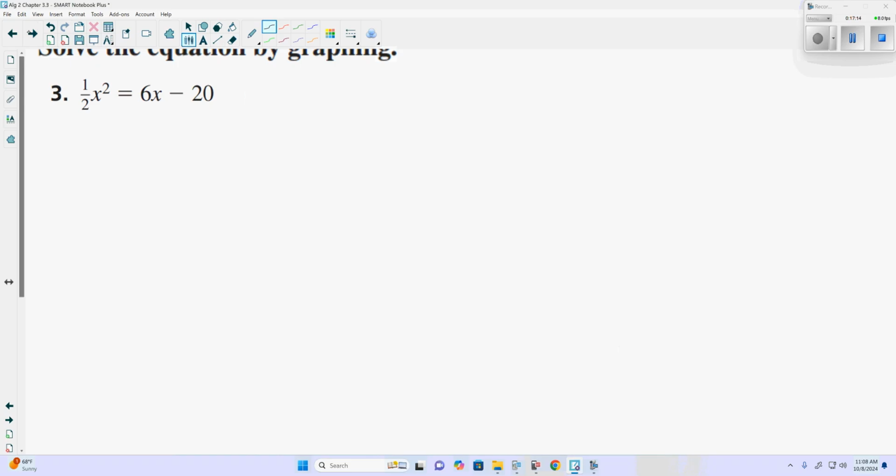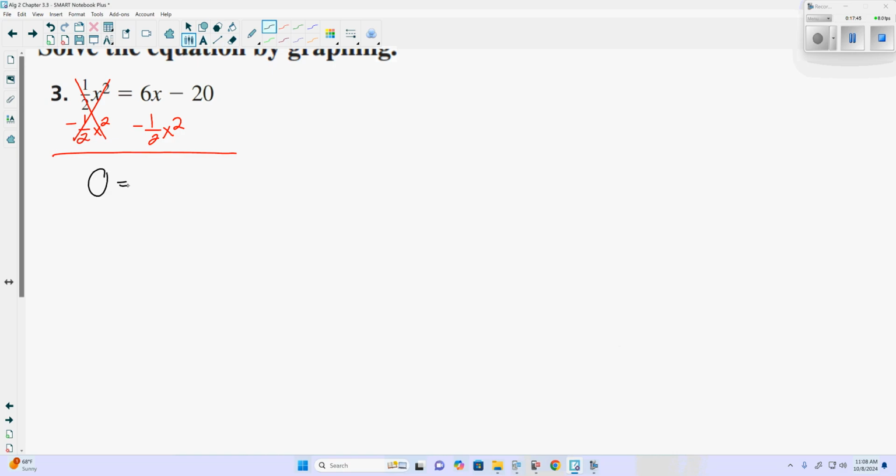So 1/2 x squared is equal to 6x minus 20. We need to get this equal to what? 0. So here we can subtract 1/2 x squared because we're going to add or subtract things from both sides, either add something to both sides or subtract something from both sides to move something from one side to the other.